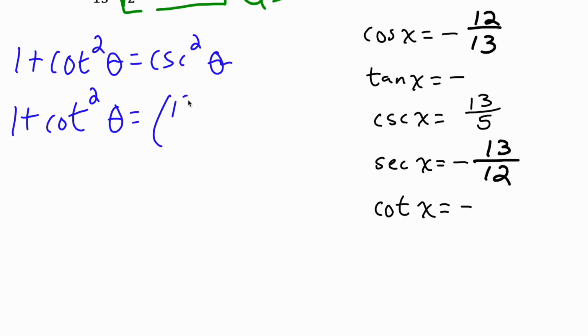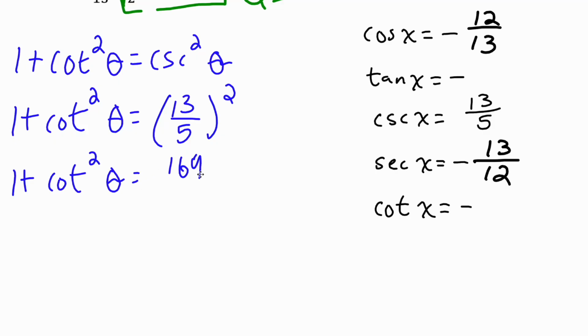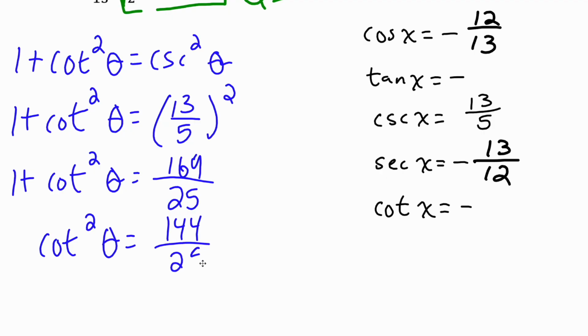Cosecant is 13 over 5 squared. So 1 plus cotangent squared theta is equal to 169 over 25. Subtract the 1 over, cotangent squared theta is equal to 144 over 25.